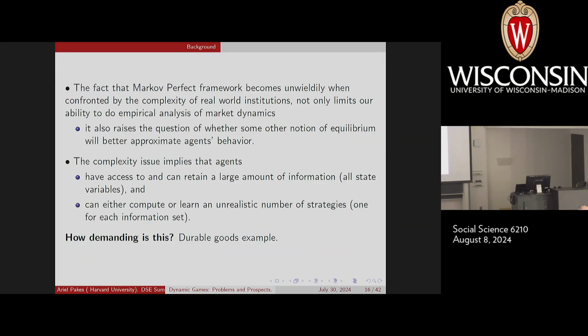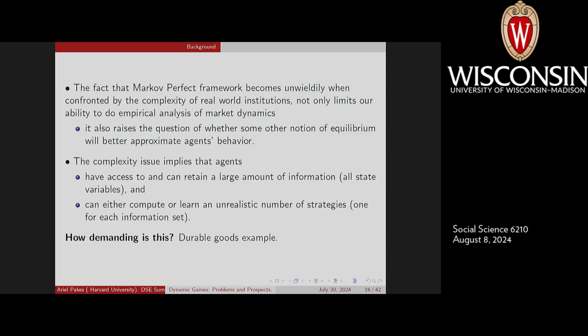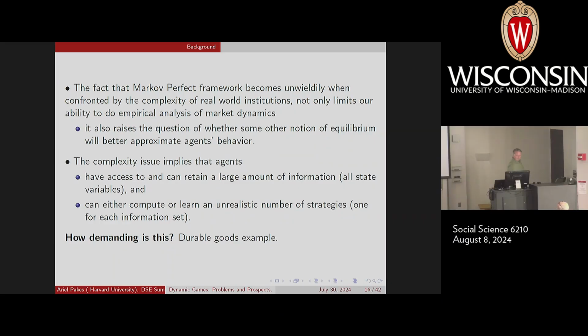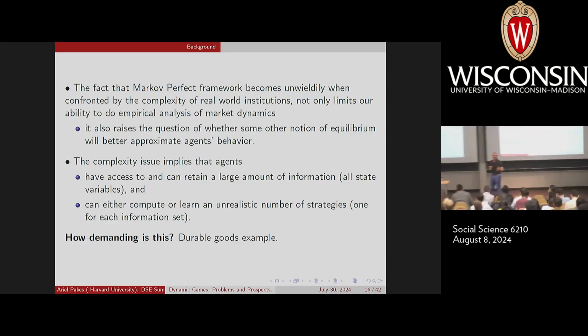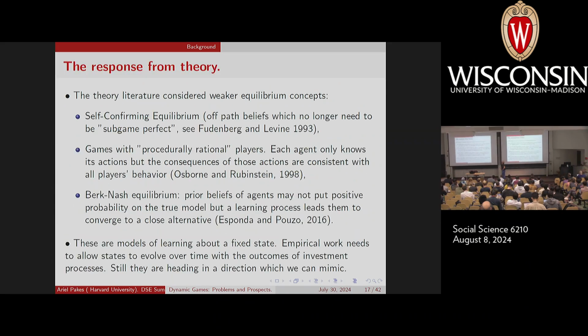So the fact that Markov perfection becomes unwieldy raises the question of whether some other notion of equilibrium will better approximate agents' behavior. The theory guys were right. And we would like one that not only better approximates agents' behavior, but that we can use. I gave you the durable goods example.